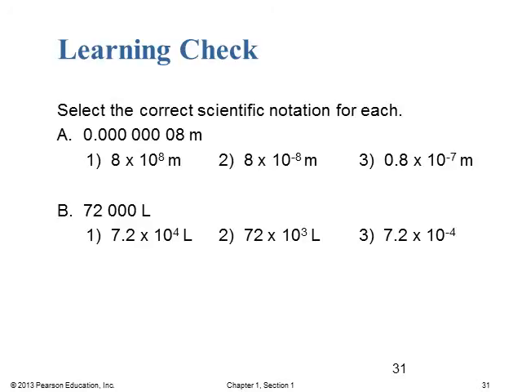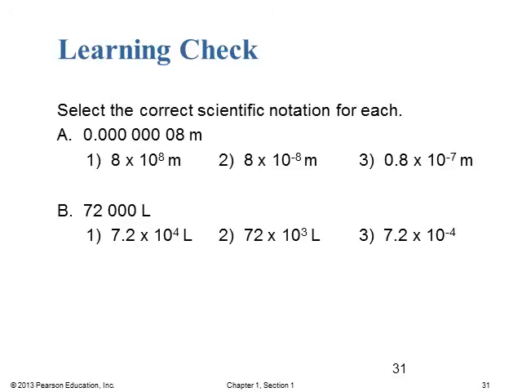Now, in the case of choices 2 and 3, what you can look for here is the difference in coefficients. We have a coefficient of 8, and we have a coefficient of 0.8 in choice 3. One thing to note with your coefficients is that they should always be between the values of 1 and 10.